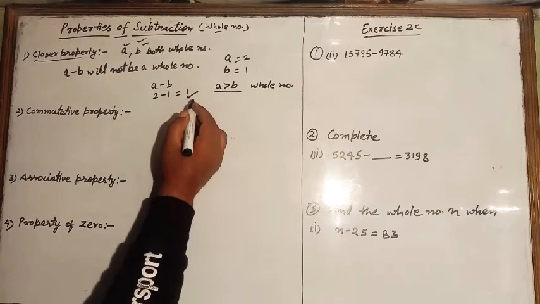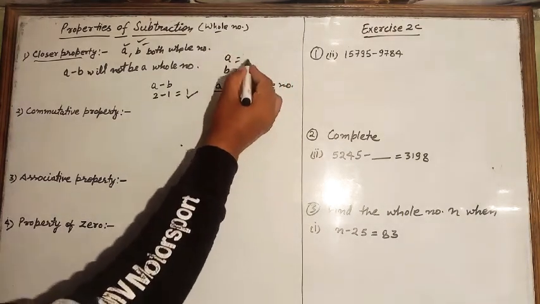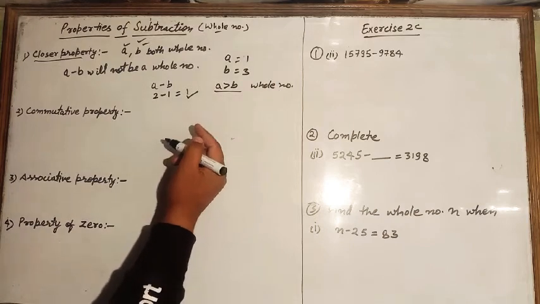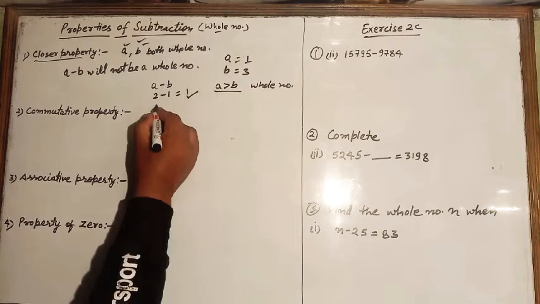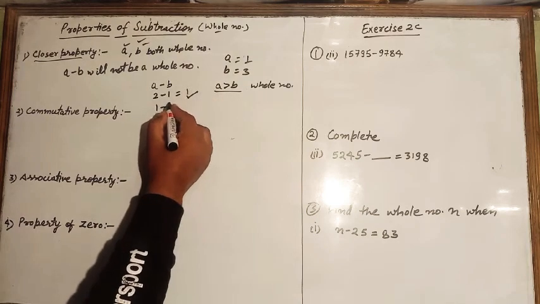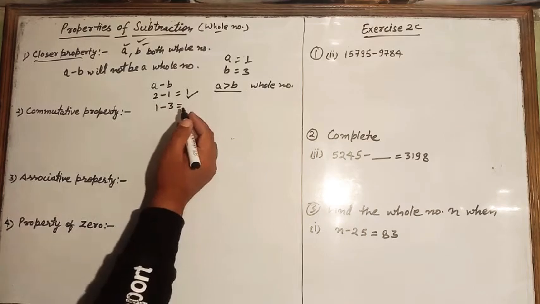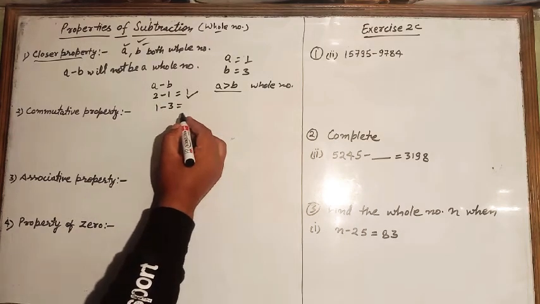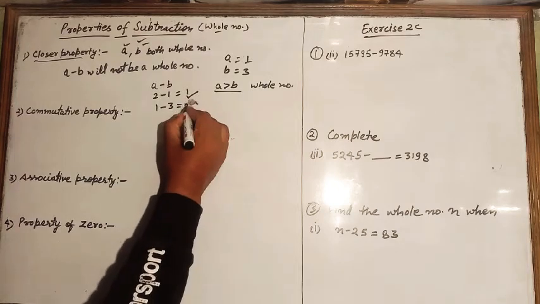But if b is greater than a, suppose a is 1 and b is 3. We will do a minus b again. The value of a is 1, minus the value of b, which is 3, so it will be not defined here. A negative value, minus 3 plus 1, will be minus 2, or here we can write it is not defined.